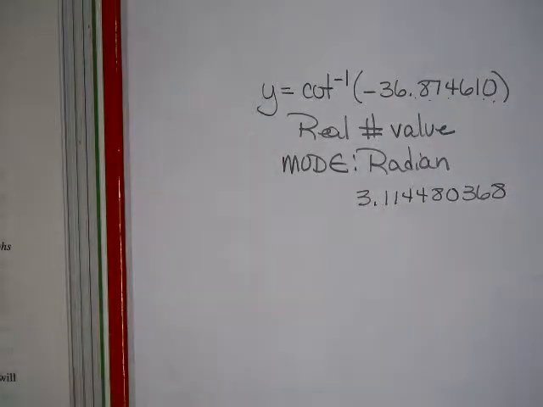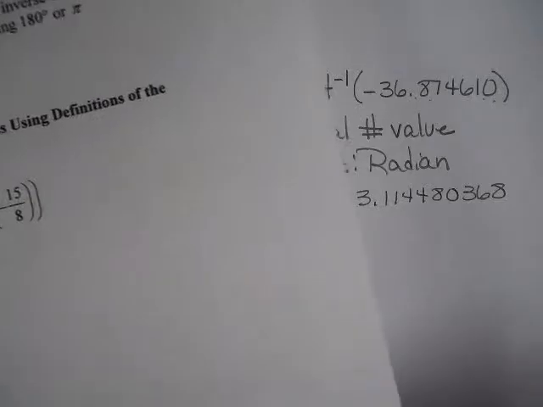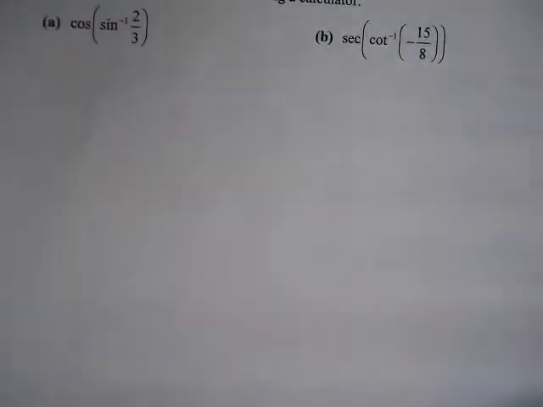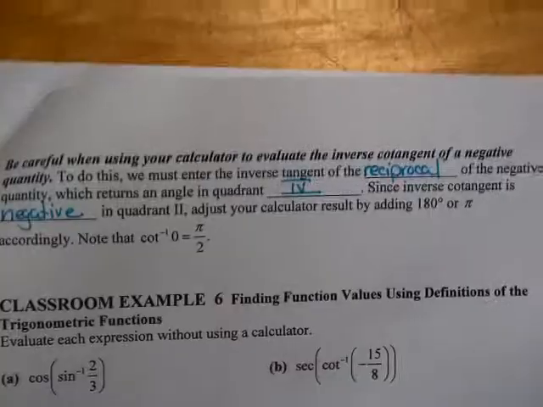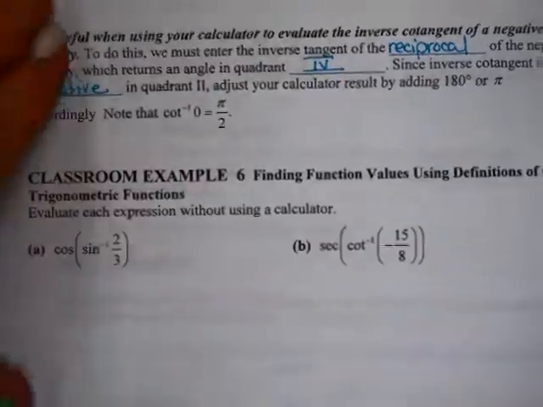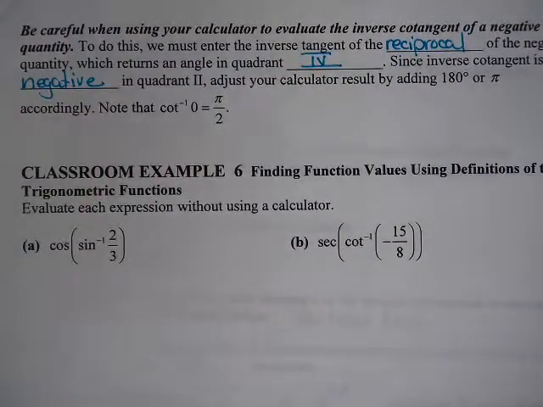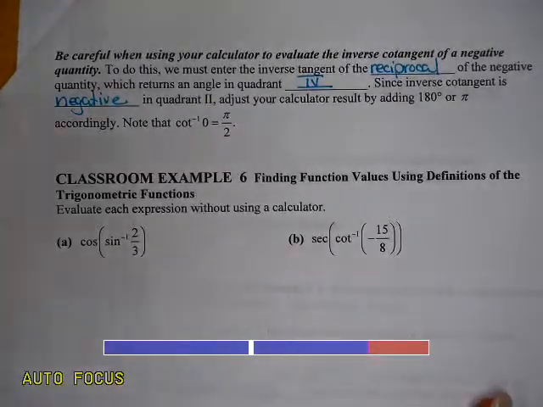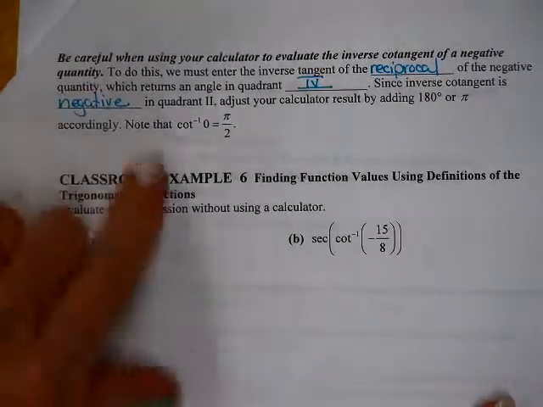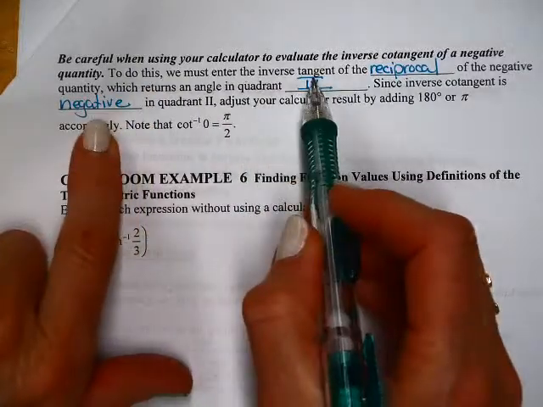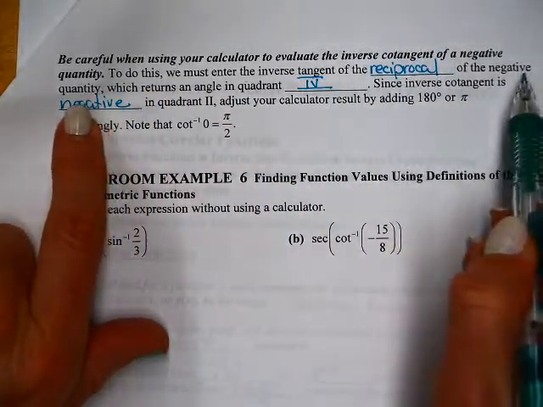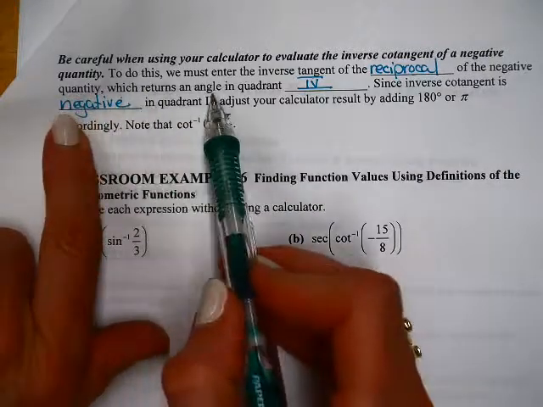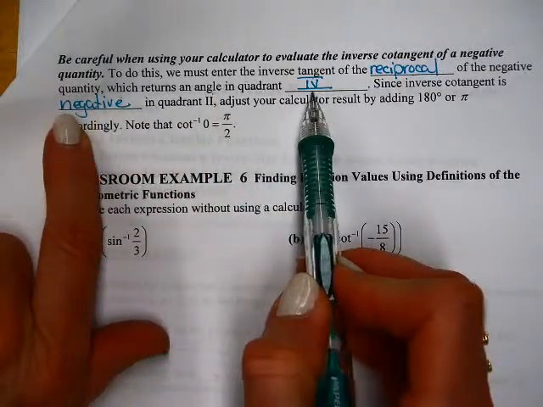Do I need to work another one of these types? Y'all got that? All right, they put an extra reminder at the top of this page. Be careful when using your calculator to evaluate the inverse cotangent of a negative quantity. To do this, enter the inverse tangent of the reciprocal of the negative quantity, which gives you an angle in quadrant 4.